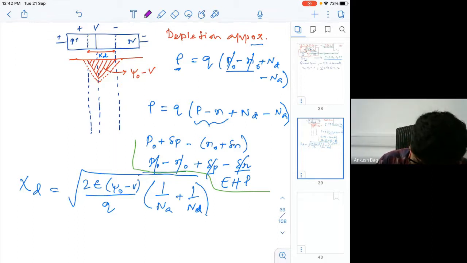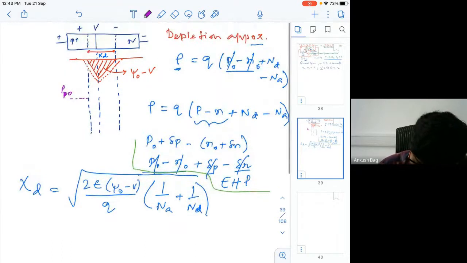So let us first draw under thermal equilibrium. Let us say this was the majority carrier concentration Pp0, sorry, that means hole concentration under thermal equilibrium in the P side.